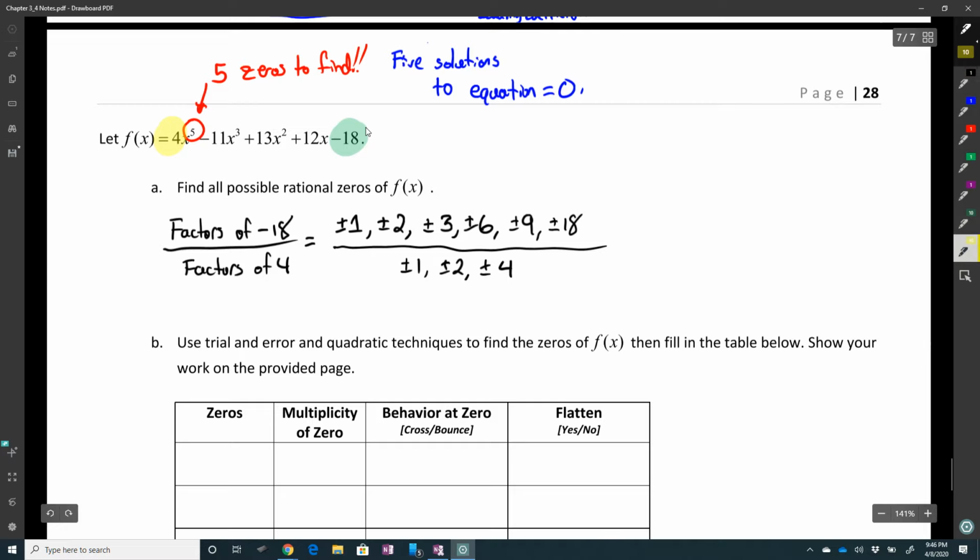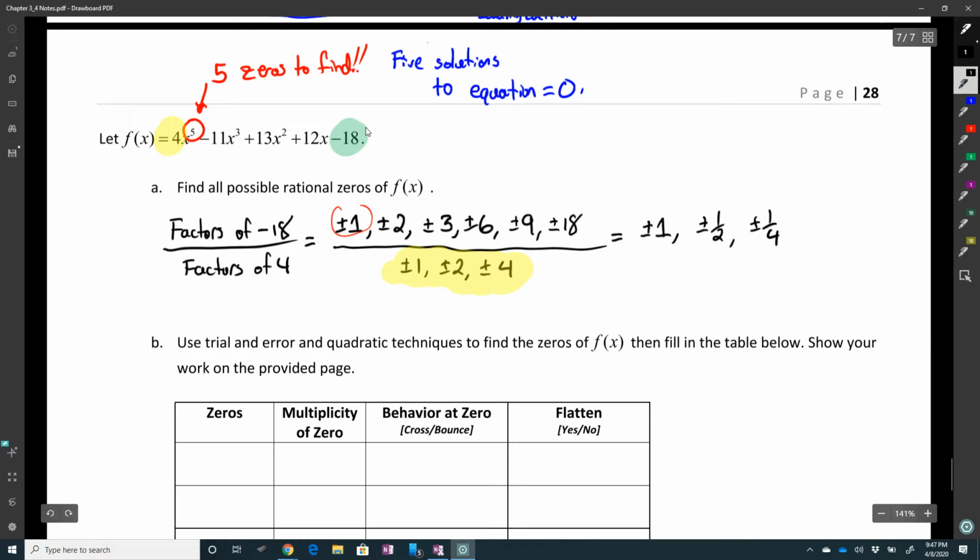So again, what you're doing is you have your 3 denominators, and you just want to pair each numerator with each of those 3 denominators. And if it repeats, you don't repeat the number. So 1 over 1 is 1. 1 over 2, 1/2. 1 over 4, 1/4.